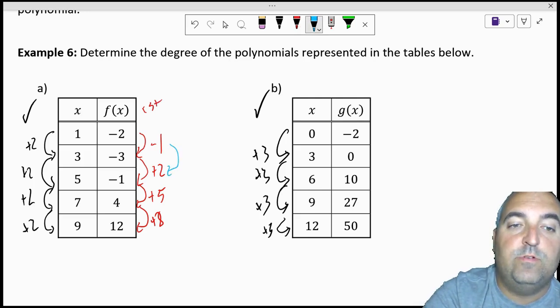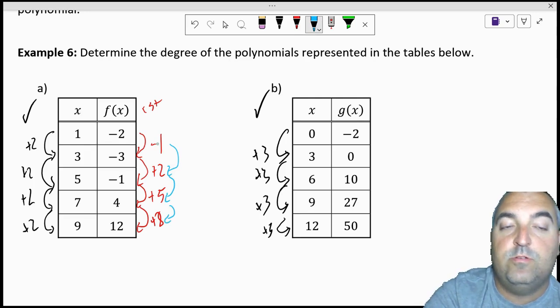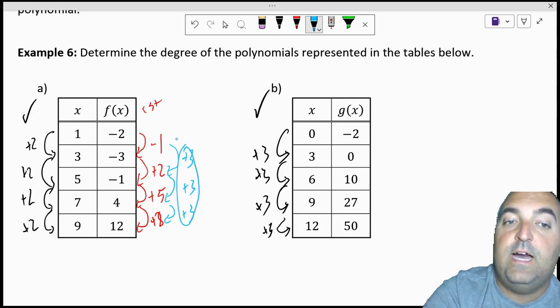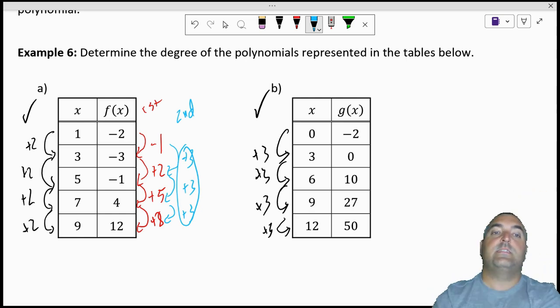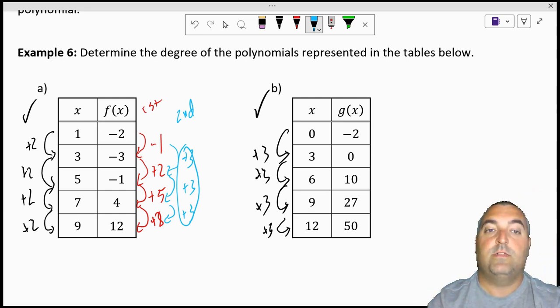So now let's go to our second differences, where you take the new numbers you just came up with and see how far apart they are. From -1 to 2, that's adding 3. From 2 to 5, that's adding 3. From 5 to 8, that is also adding 3, which is constant, and this was our second difference, which means that this is a degree 2 polynomial.